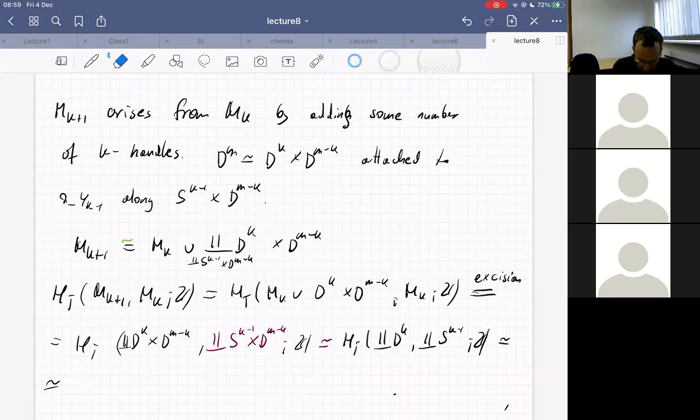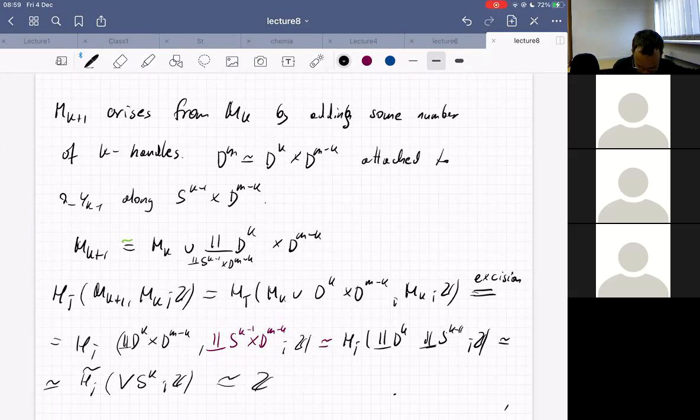well, now you can, for example, collapse these guys to a point, to get the reduced homology of the wedge of k-dimensional spheres.